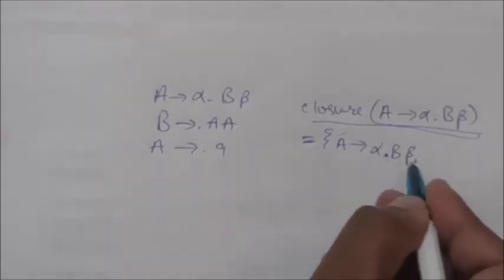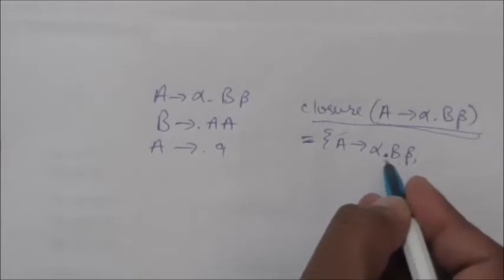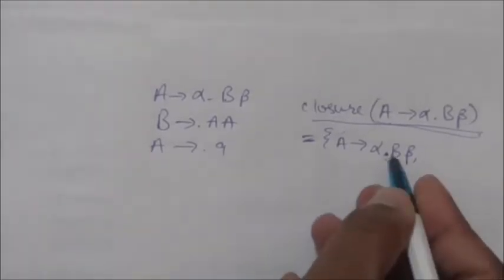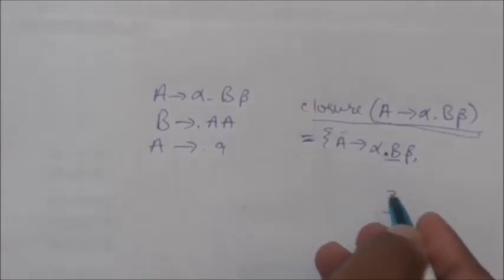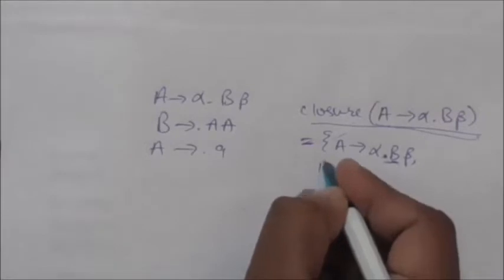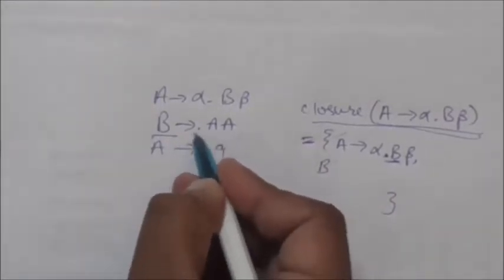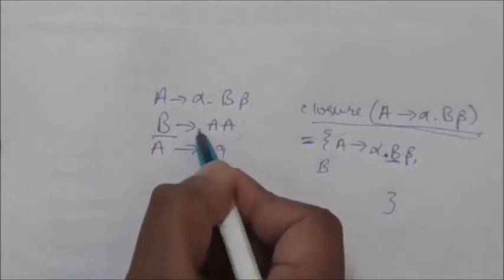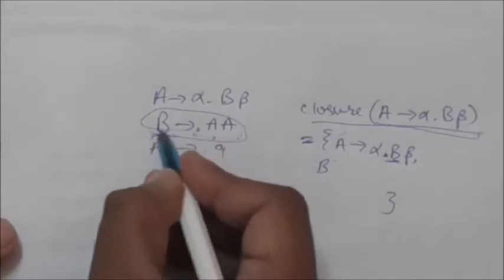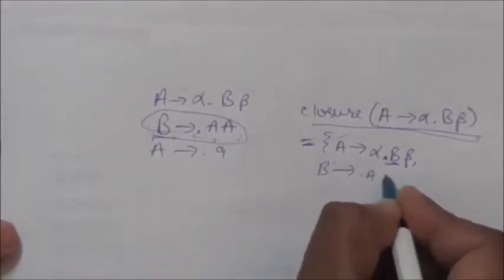Here you can see this item, in which the dot is immediately preceding a non-terminal symbol B. So we will add that item in this closure in which this non-terminal symbol B is at left, and on the right side of the item the dot is at leftmost position. This is the LR0 item which satisfies this condition. So we will add it, B derives dot AA.